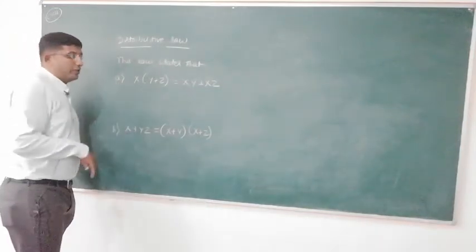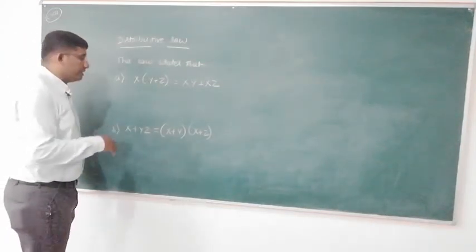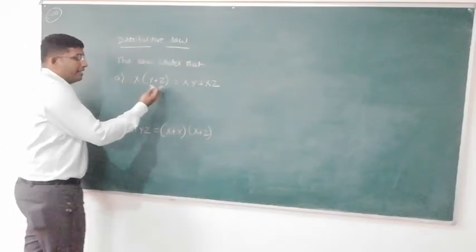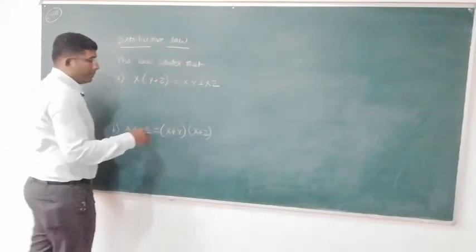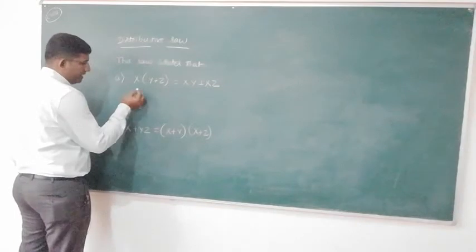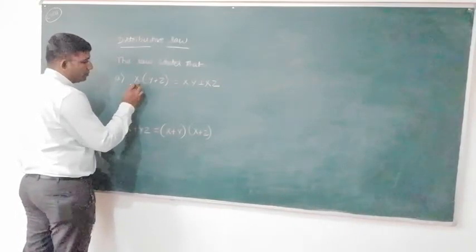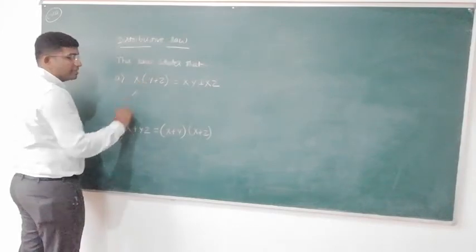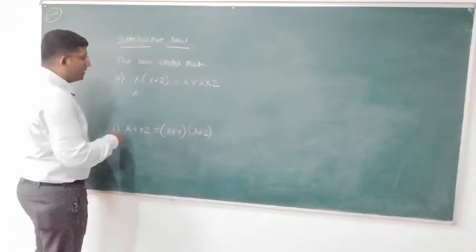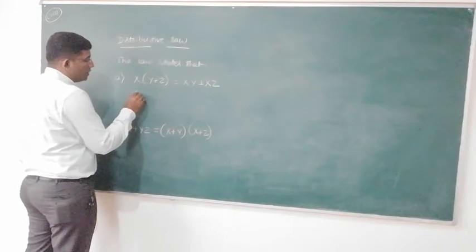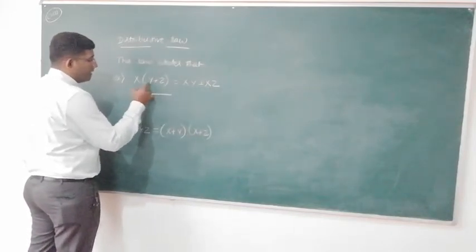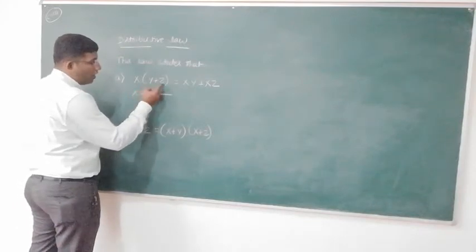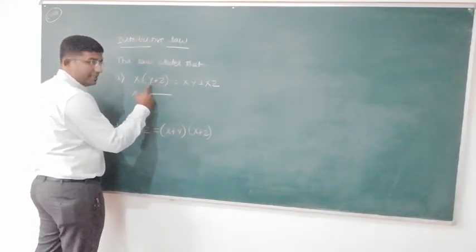So first we are going to write the logic circuit for the left hand side, then for the right hand side. If I am considering x as input, if nothing is written, we have to consider that there must be a dot and it is an AND operation. We need to multiply these two. So I am writing x as an input for an AND gate. Then I am going to consider an OR operation here because y plus z is there.